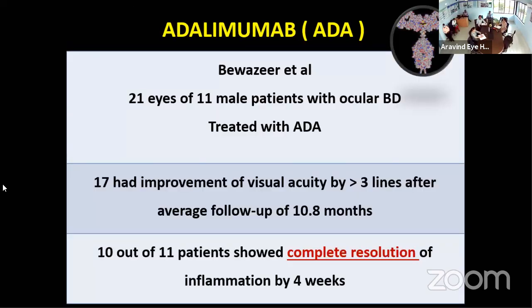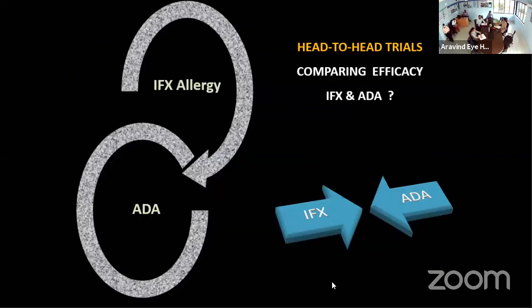Again, there are multiple studies which say there is a complete resolution of inflammation by week 4. Which drug is better, infliximab or adalimumab? There is no head-to-head comparison. Unlike in JIA, another autoimmune condition where infliximab and adalimumab are the popular drugs, there are studies which say that adalimumab is much superior to infliximab, whereas in Behcet's we don't have such studies.